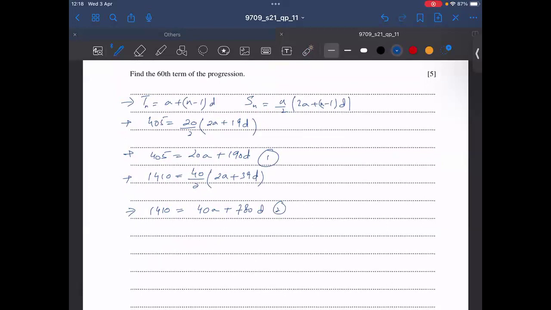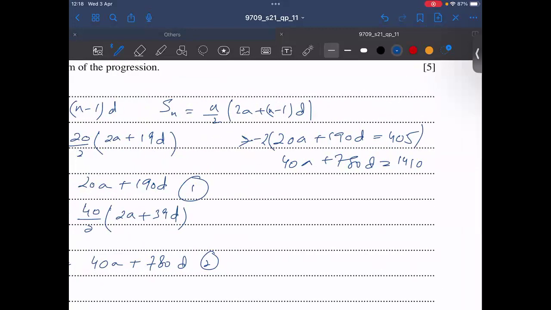Now I'm going to be solving these two equations simultaneously. It's going to be 20a plus 190d equals 405, and then we have 40a plus 780d equals 1410. I'm going to multiply the first one by minus 2, using the elimination method. So minus 40a, and 190 times 2 is minus 380d, equals minus 810.